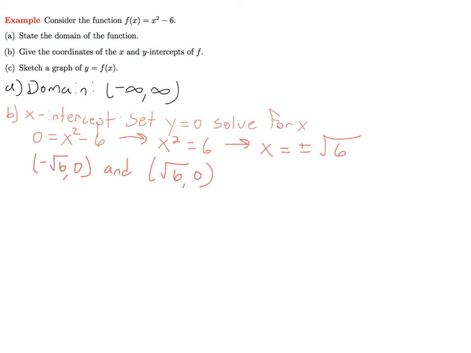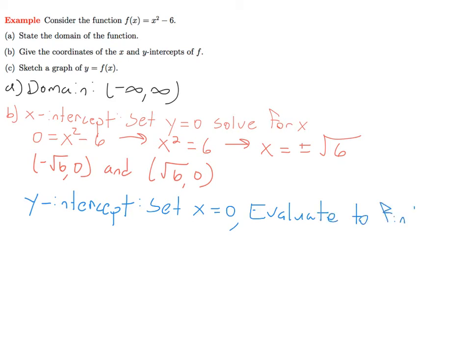Finding the y-intercept, this is going to be where the graph crosses the y-axis. In other words, this is going to be the value of y when x is equal to 0. So we set x equal to 0, and we evaluate the function to find the corresponding y value.